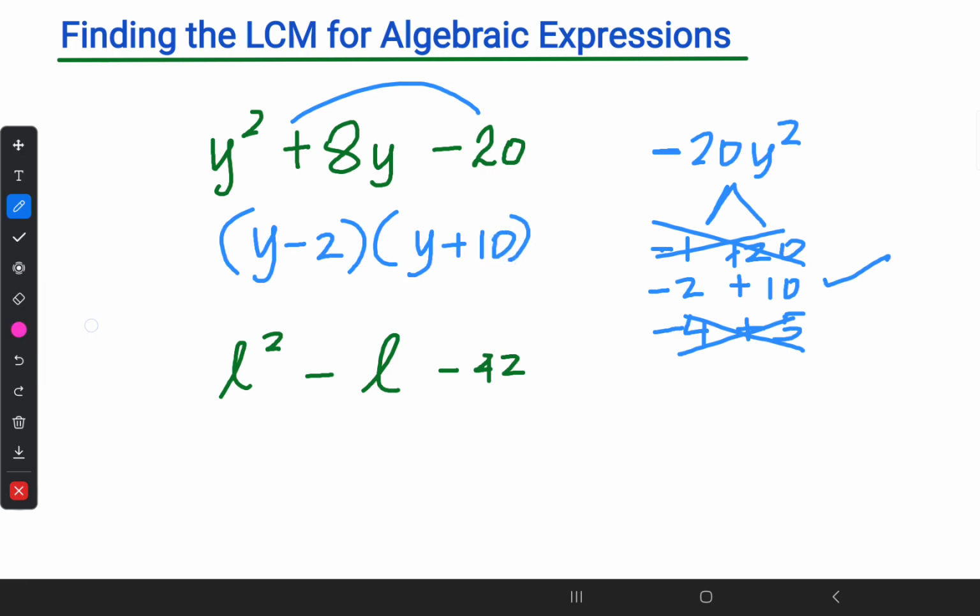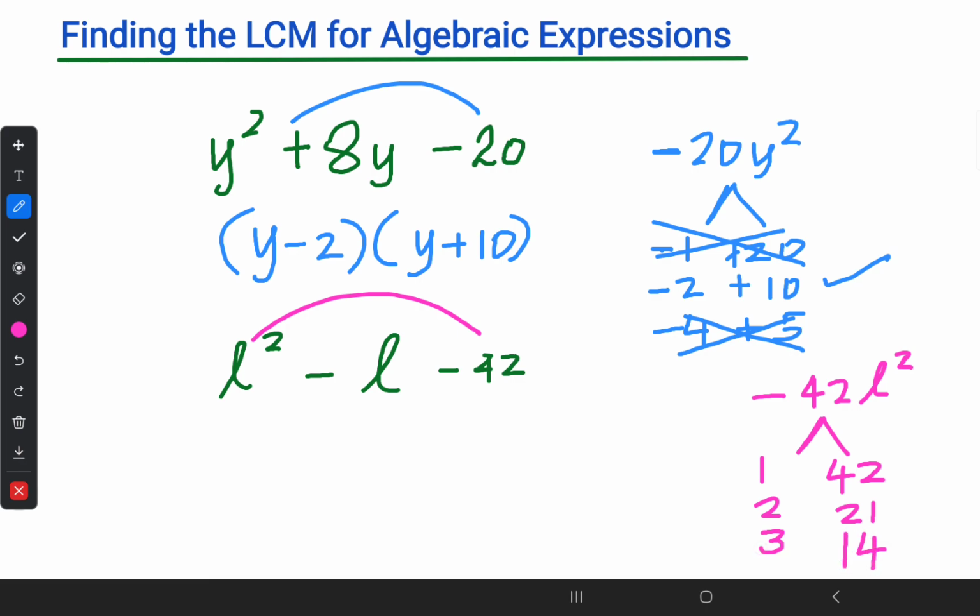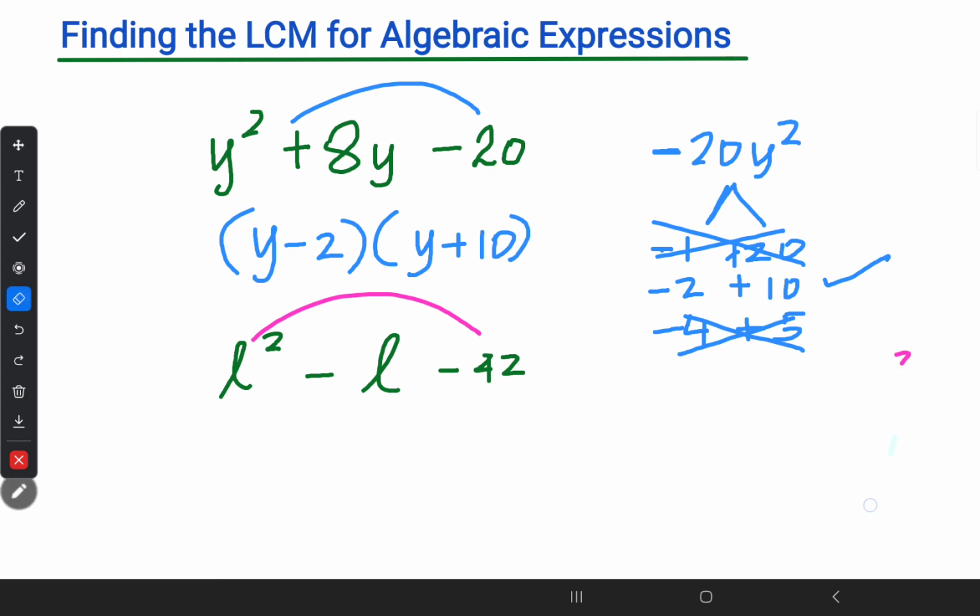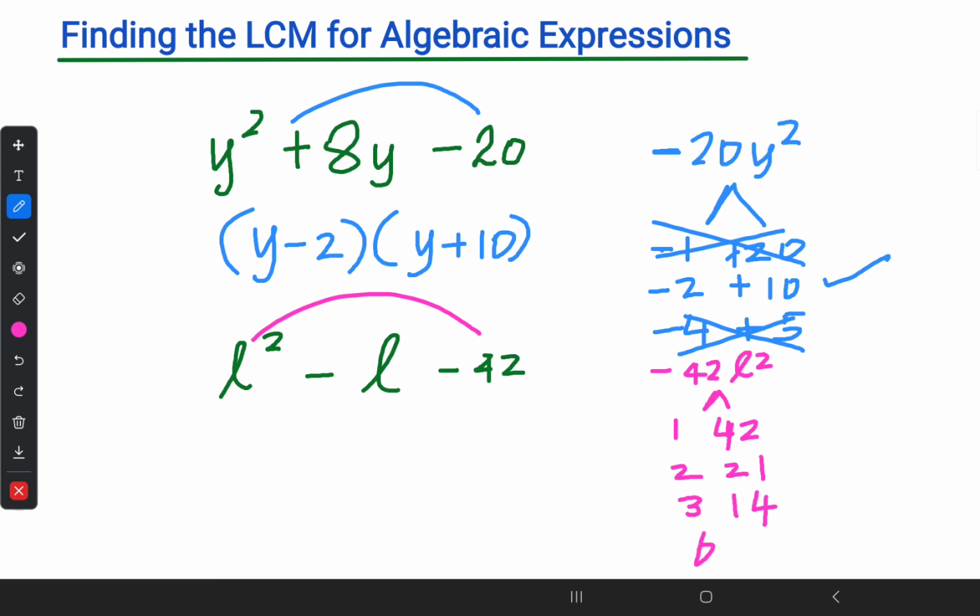And for the last question, same. Multiply both end members: negative 42 L square. We will find the suitable multiplication pairs for 42. It would be 1 times 42, 2 times 21, 3 times 14, 4 no, 5 no, 6 times 7.